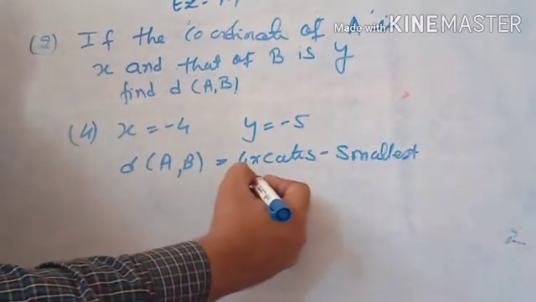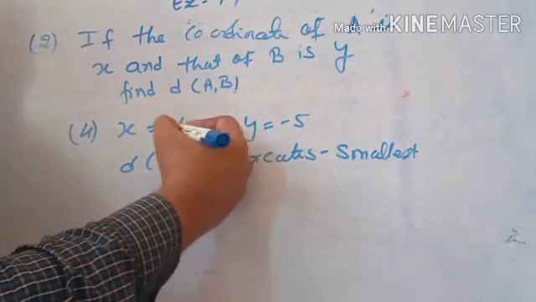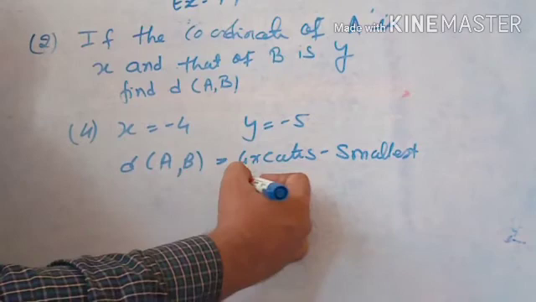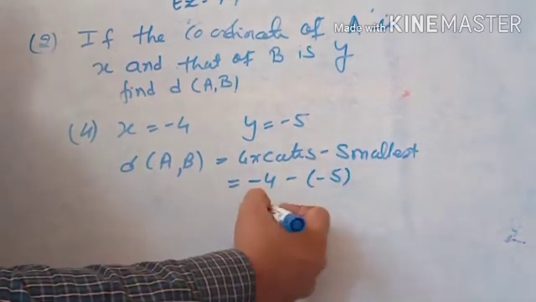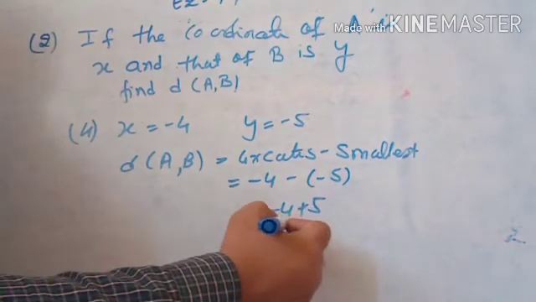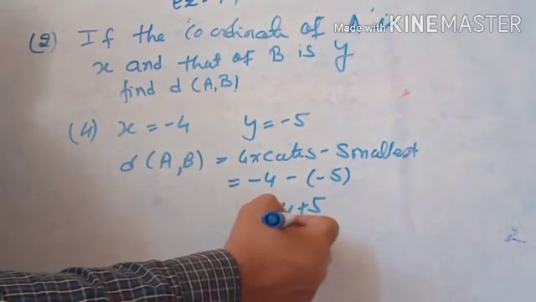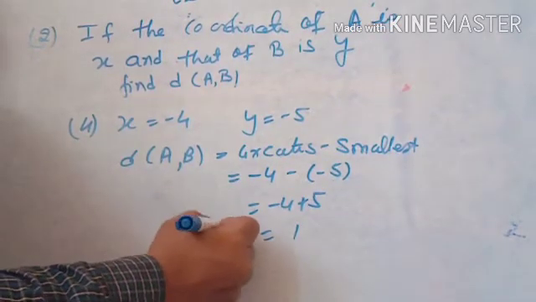Greatest is what? Minus 4 and minus 5. In this, minus 4 is the greatest. Minus 4 minus 5, minus 4 plus 5. Minus plus minus, and take the sign of the greater number. 5 minus 4 is 1. Distance AB is equal to 1.